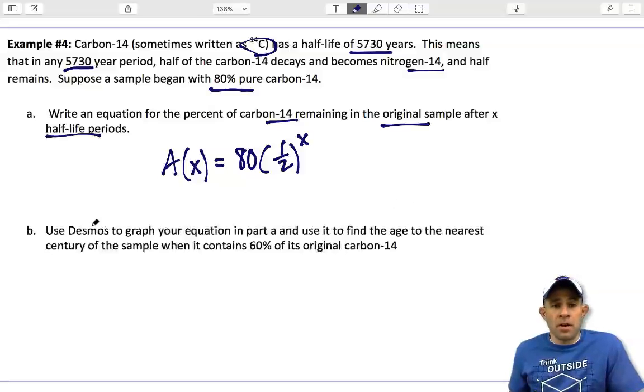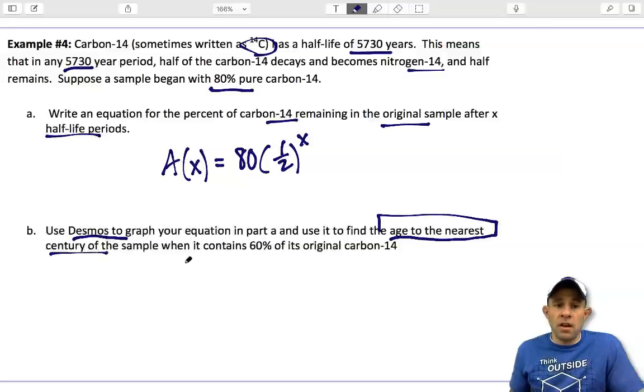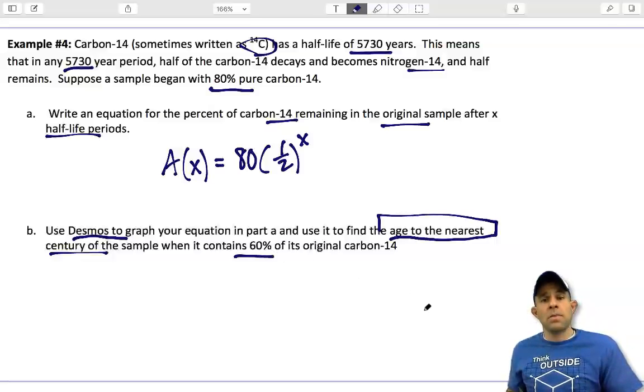So there it is. It says now to use Desmos to graph your equation from part A, and use it to find the age to the nearest century of the sample that contains 60% of its original carbon.